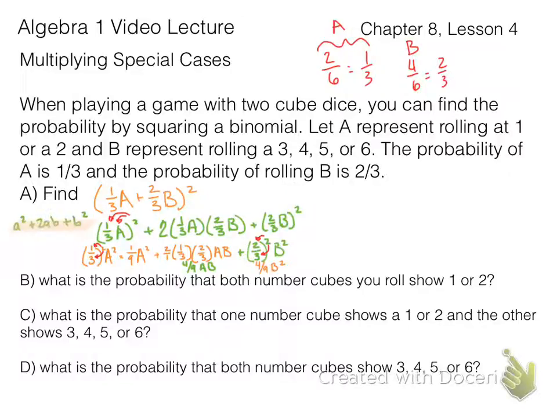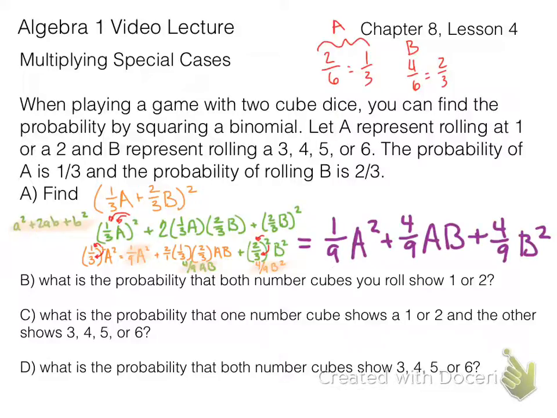So let me go ahead and write out the answer again, now that I've done all this work. There it is, big purple letters. 1/9 A squared plus 4/9 AB plus 4/9 B squared. Now, what does this mean? All right? So basically, if you look at it, A squared means it's the probability that both dice are going to have an A situation.